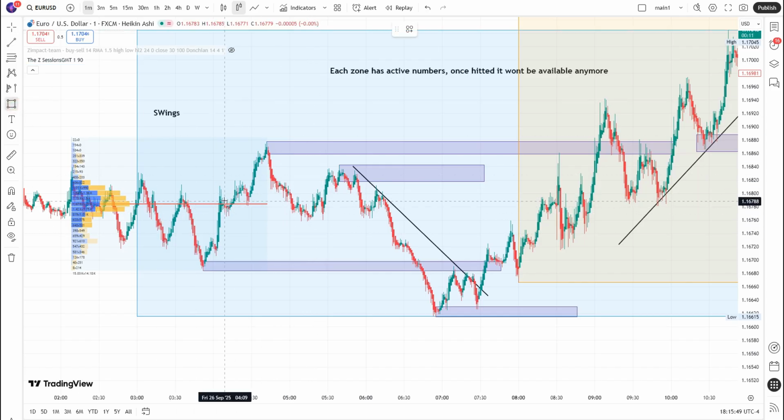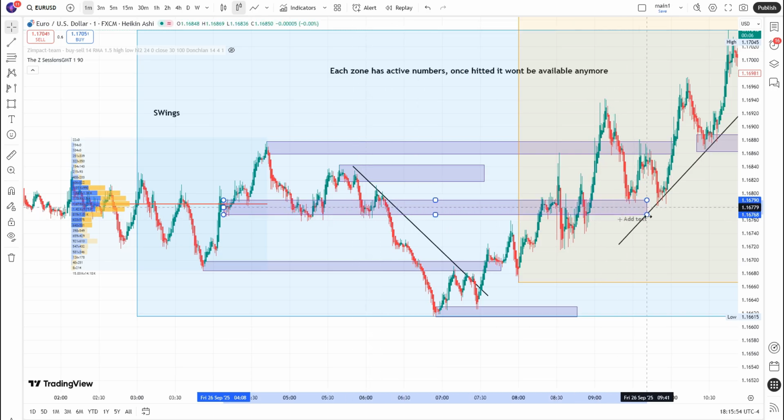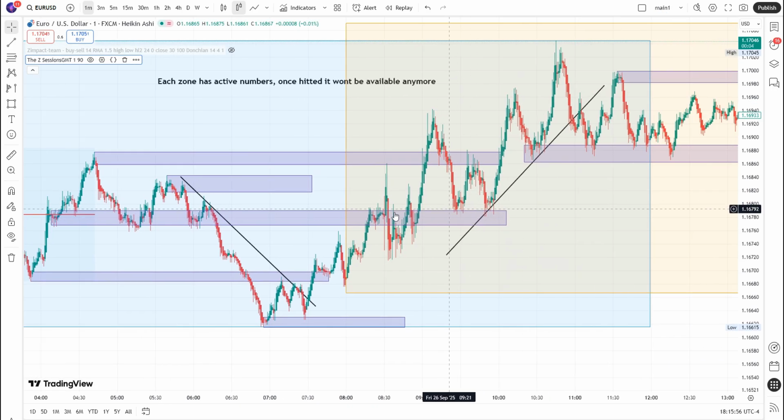This is our golden zone protected with this king, and we have a lot of grabs here, as you can see. Let me change this color.